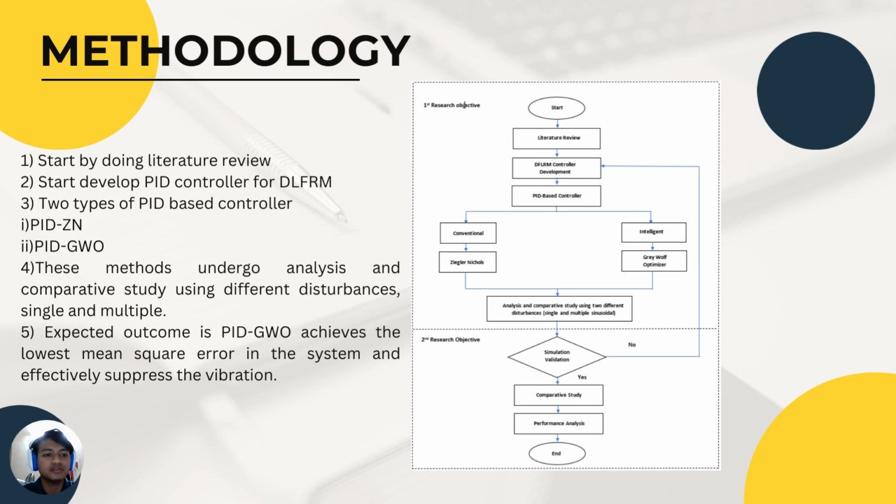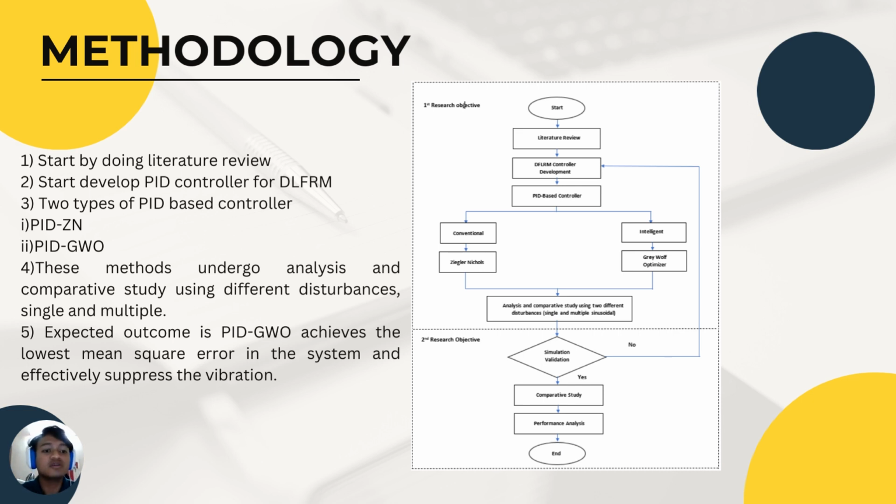system. So for the methodology, I'll start by doing the literature review regarding my topic, and then start to develop a PID controller for the double flexible robotic manipulator. And then there are 2 types of PID based controller, which are the conventional and the intelligent. The conventional is PID Ziegler-Nichols, PID ZN, and the other one is PID GWO, PID Grey Wolf optimizer.